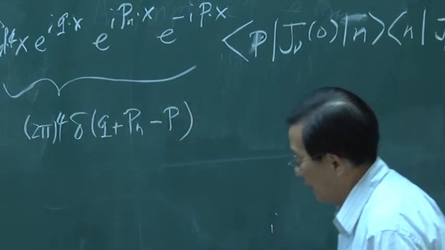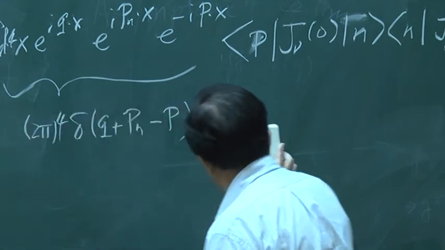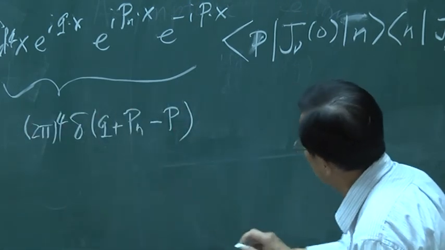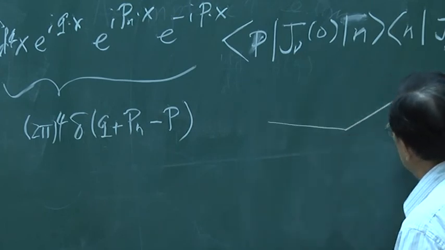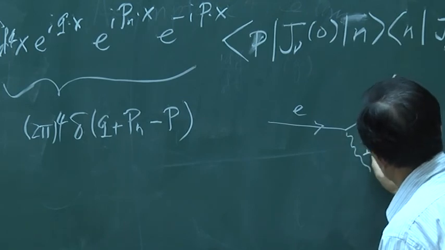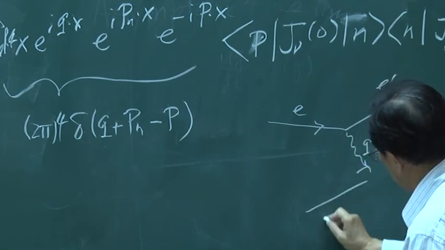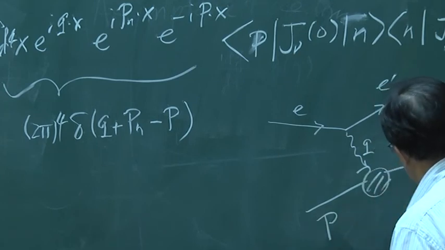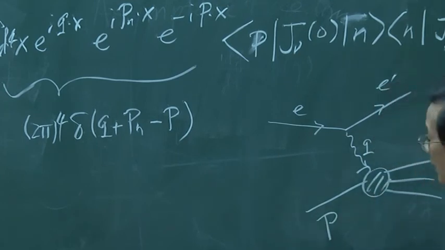Okay. Now, if we draw the Feynman diagram to show what this means, I have an electron going this way, and then I have a momentum q of the virtual photon, and then I have a p here, and this gives me the state n. And that tells me that q plus p equals p_n. Right? But this one tells me q plus p_n equals p.